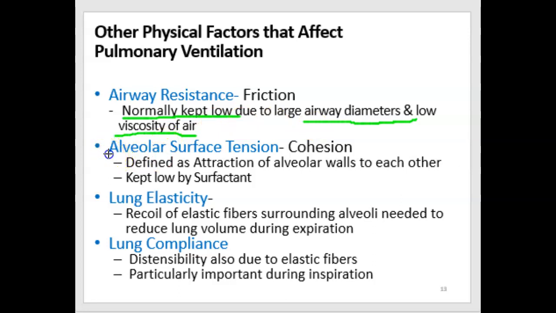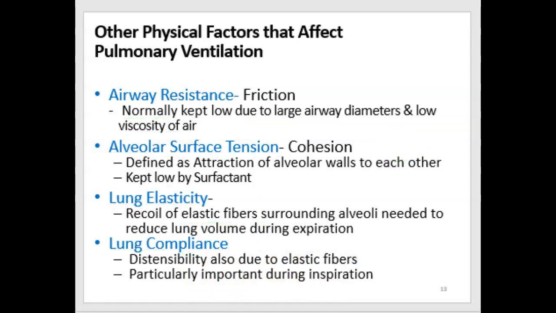And we know that alveolar surface tension, the fact that the walls of the alveoli have this cohesive property where they want to collapse on each other, kind of move inward, is kept low by a detergent, basically, of proteins and lipids called surfactant. Elasticity, of course, is usually pretty constant, and so is compliance, and both of those are due to elastic fibers.